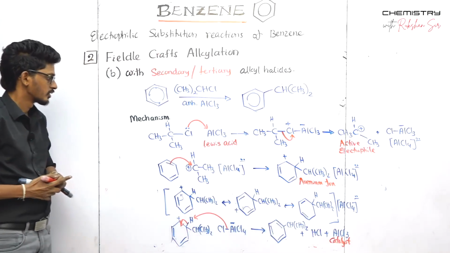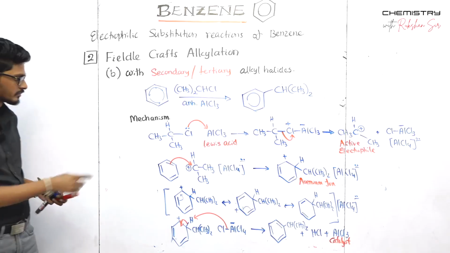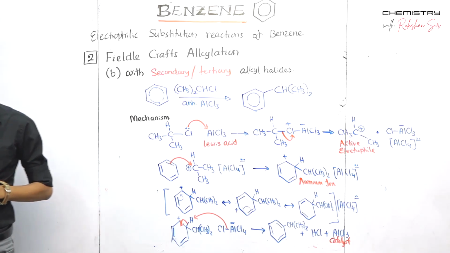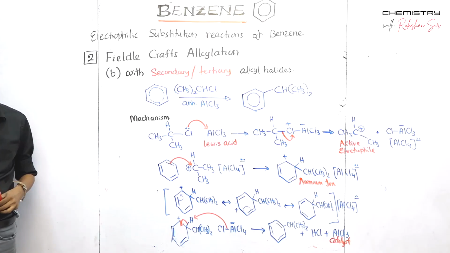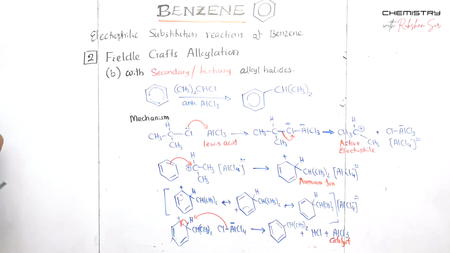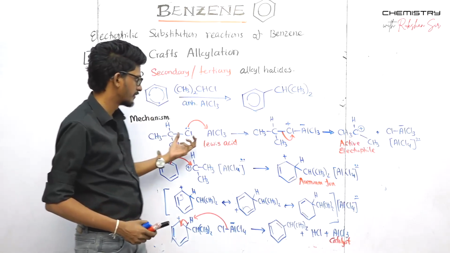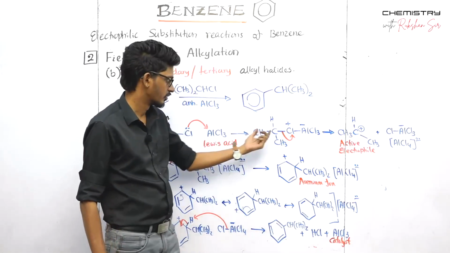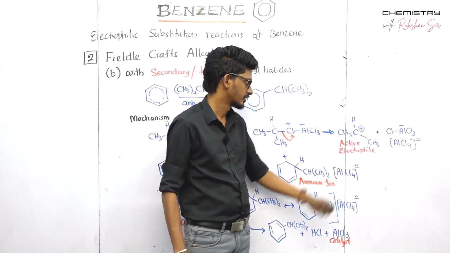So quickly complete this stuff. So this is a special case, right? In this case, the first step, with three steps, no? So this is the active electrophile you produce. That's very important.